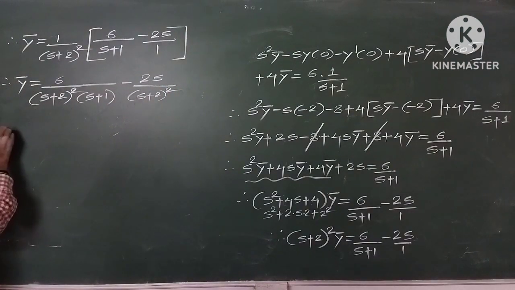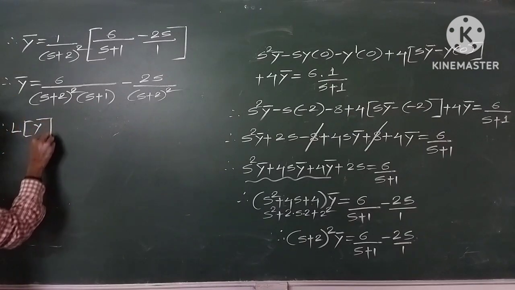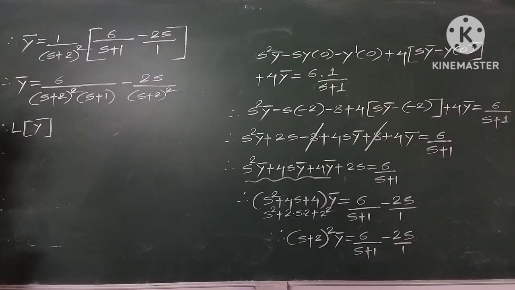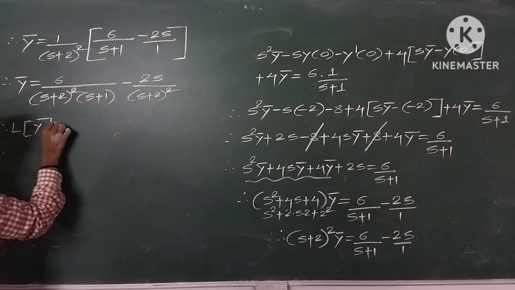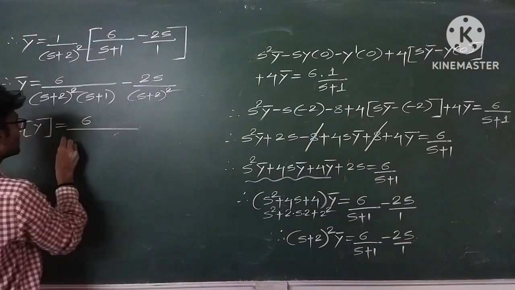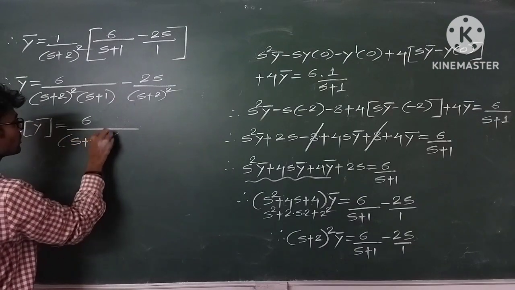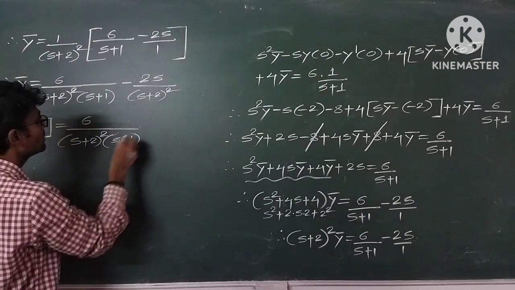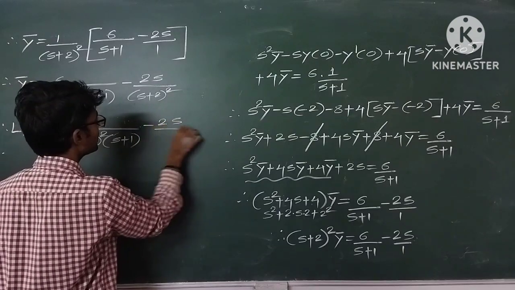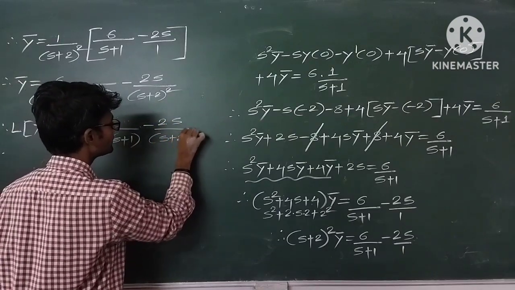Now therefore the y bar value I will take. The y bar value is the Laplace transform of y, which is equal to 6 divided by (s plus 2) whole square into (s plus 1) minus 2s divided by (s plus 2) whole square.